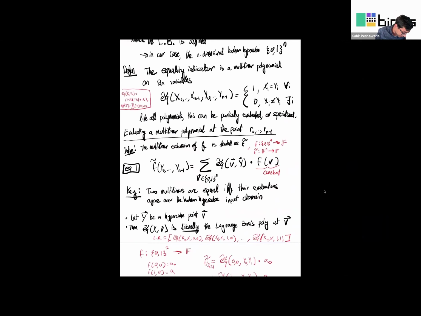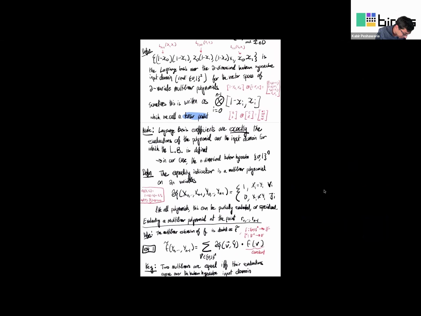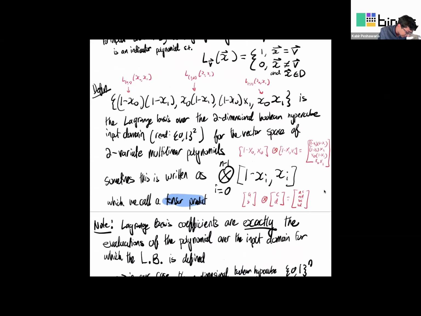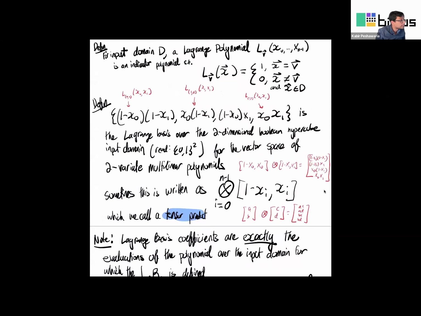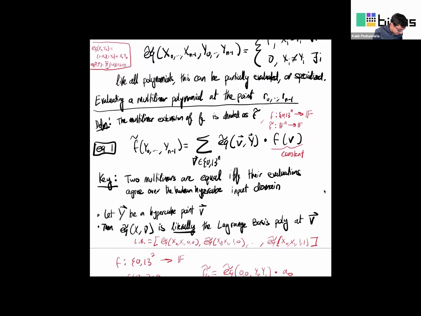Let me zoom out so you can even see it clearer. EQ of x0, x1, 0, 0 is the same thing as 1 minus x0 times 1 minus x1, which is the same thing as the Lagrange basis polynomial for the fixed vector 0, 0. So that's why it's super useful.